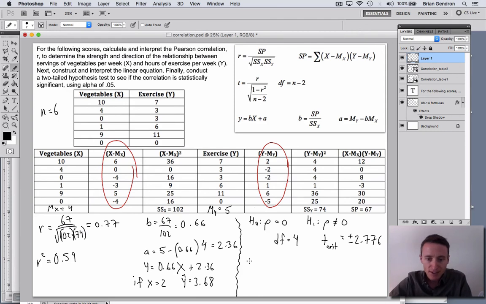All right, let me just kind of separate this. So now let's go ahead and calculate the test statistic, our T value. We take our sample correlation of 0.77, and divide by your error term. And the error term in this case is 1 minus your correlation squared, so 0.77 squared, over degrees of freedom, n minus 2, which we calculated as 4.